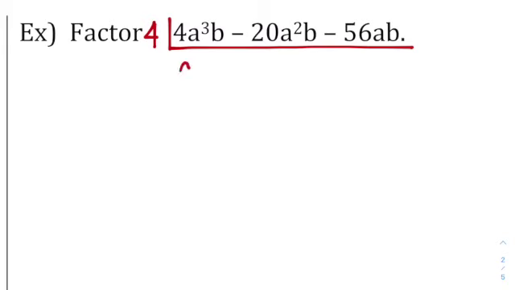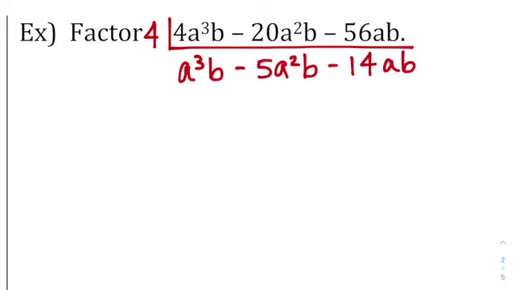So that's just going to be a to the third b minus 5a squared b minus 14ab. Okay, so then I'm going to pull out things they have in common, which is a. We can pull out definitely 1a, because out of all the a to the third, a squared, a to the first power, the first power will be the lowest exponent. And then I have a b in everybody, so I'm going to pull out that b.